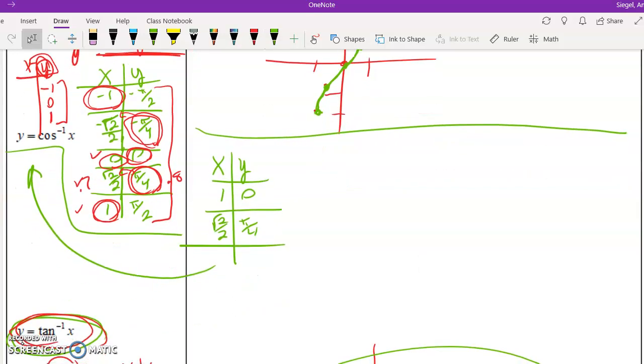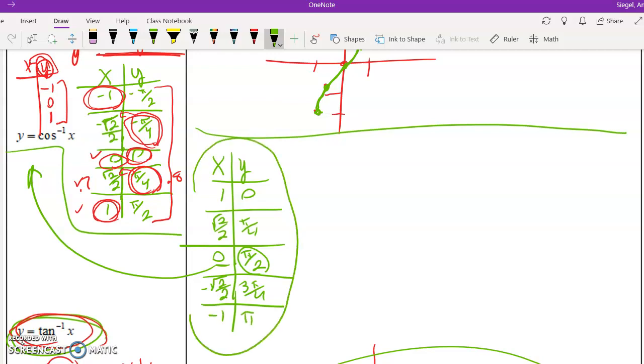That makes sense to us. 0, pi over 2. So the cosine of 90 degrees is 0. Negative square root of 2 over 2, 3 pi over 4. And then negative 1 and pi. So this is going to be your cosine XY chart.